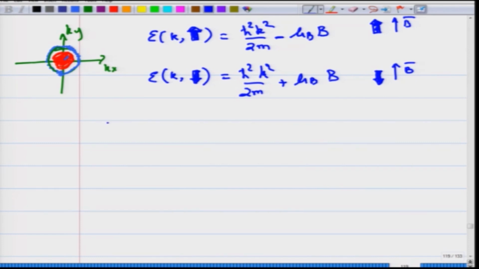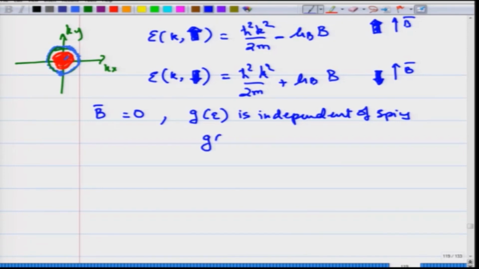Now, if we look at the behavior of the density of states for the spins which are either in the up or down state, in the absence of a magnetic field, for B equal to 0, the density of states is independent of spins.